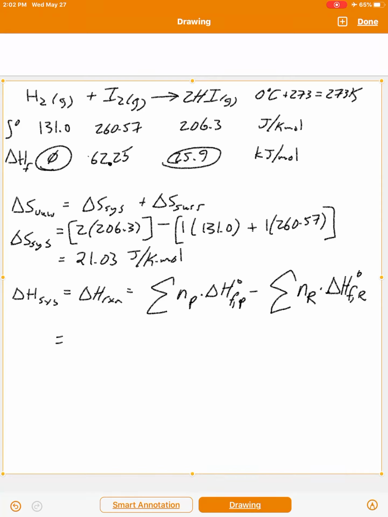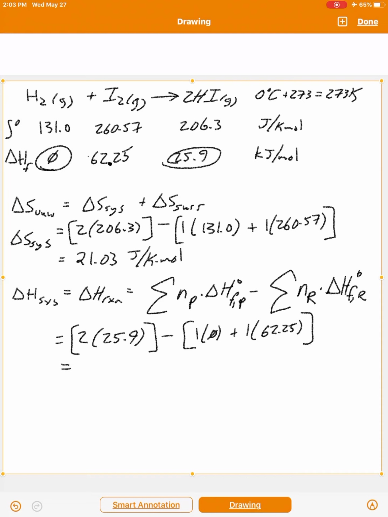So let's do products minus reactants. So it's 2 moles times 25.9. So let's put those in brackets. So that's the products minus the reactants. The reactant side would be 1 times 0 for hydrogen, plus 1 times 62.25 for the iodine. Okay, so let's see.